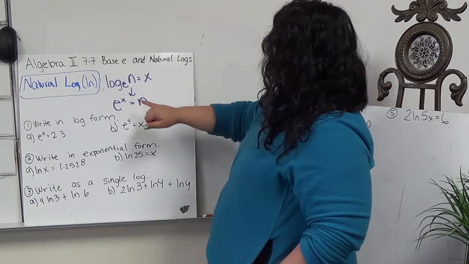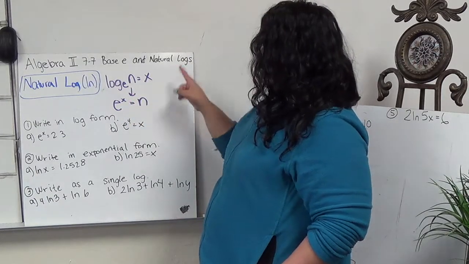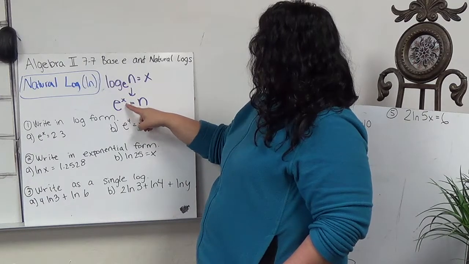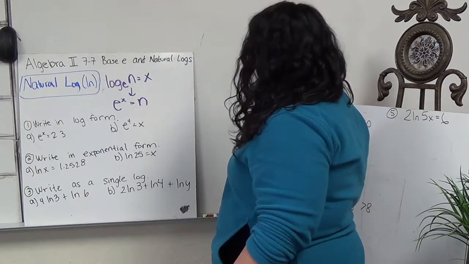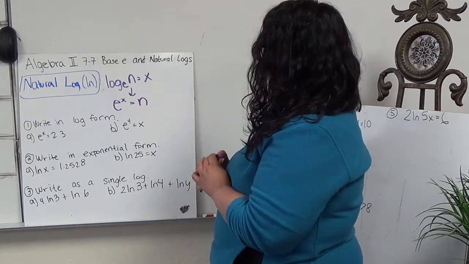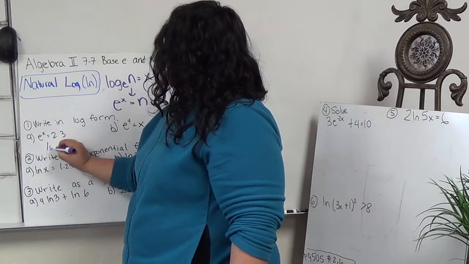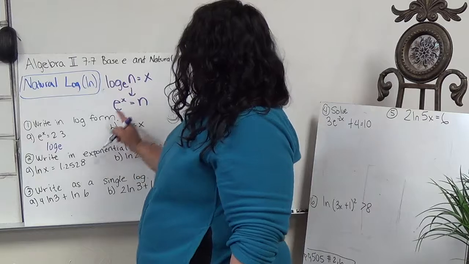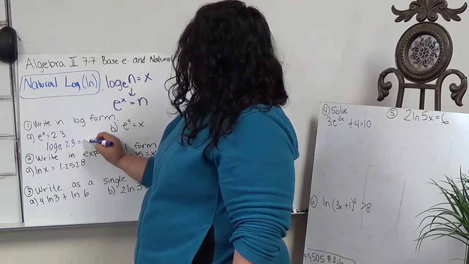So you take a log base e of n equals x, and you can transfer it to e to the x equals n. So if I want to write this in log form, this would be log e of 23 equals x.